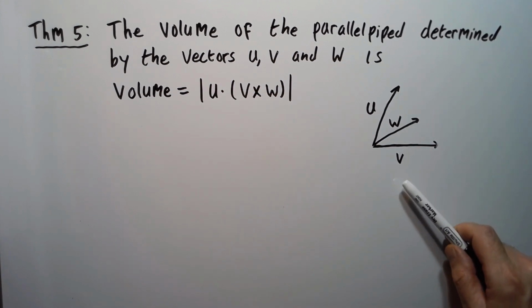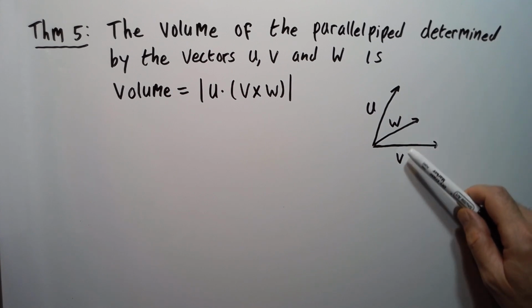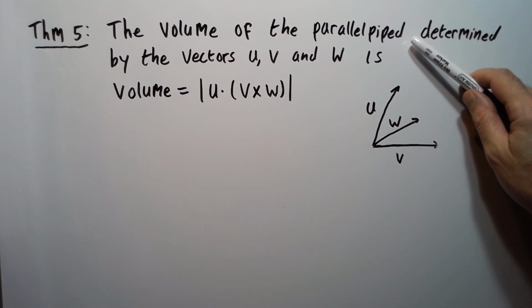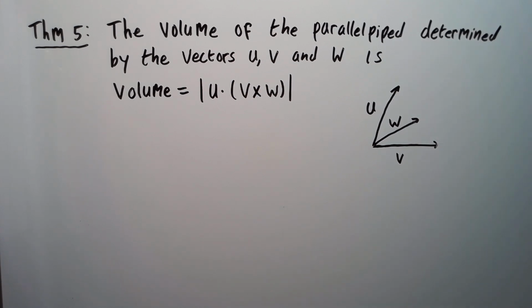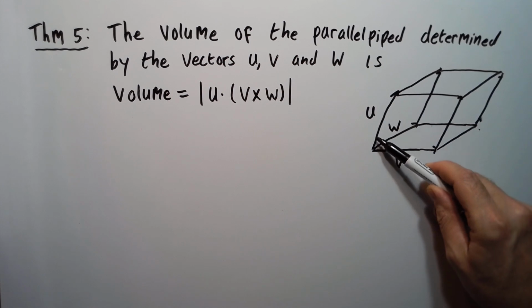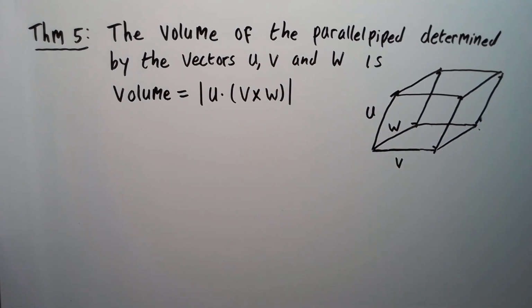I've drawn my 3 vectors here. So these 3 vectors will determine a box. It's called a parallelepiped. So let me draw it in here. Okay, so the box would look like that. This angle here isn't necessarily 90 degrees in there, so it's like a slanted box.